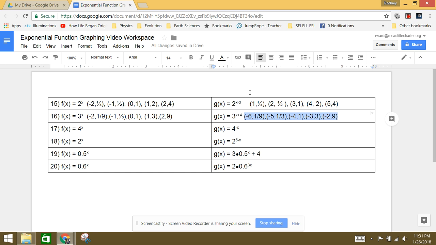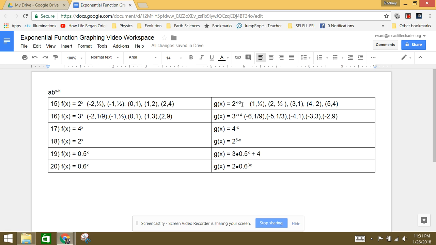So if you recall from the Desmos activity I gave you, where you had your exponents being a, b to the x minus h, well, if I wanted to shift 3 to the right, h would be 3.